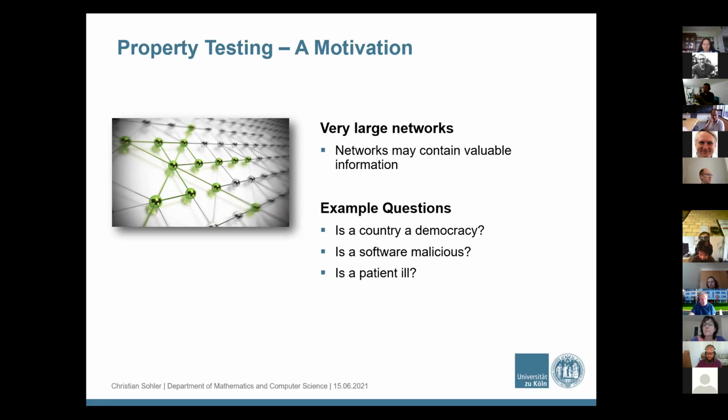An even more speculative application, because we currently don't have access to the structure of the human brain.